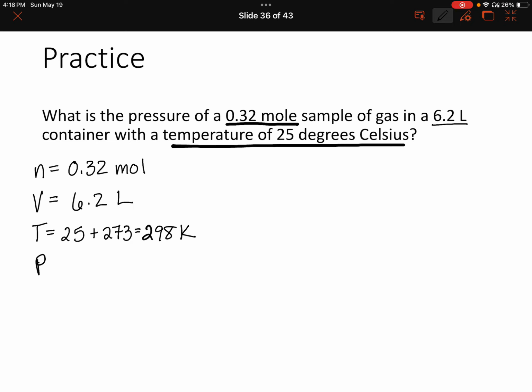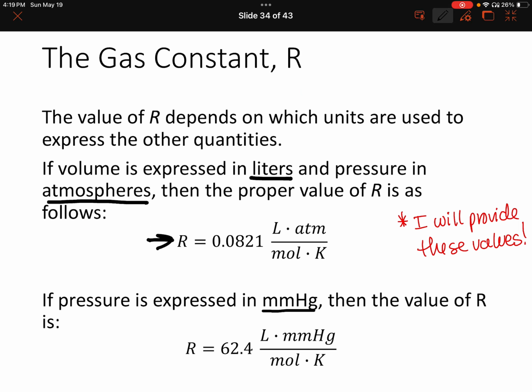Now we're solving for pressure. We don't know what that is, but we do know what the gas constant is. You could use either gas constant that we talked about. If you use the first gas constant, your pressure unit will be in atmospheres at the end of your calculation. But if you use the second one, your pressure will be in millimeters of mercury.